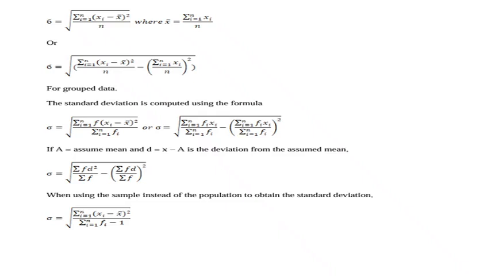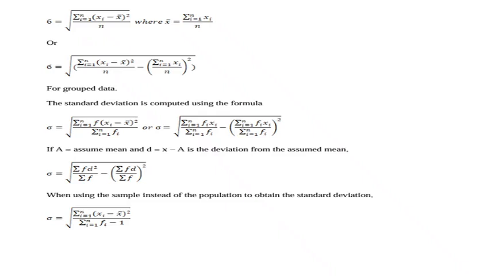Or you can also use the square root of 1 over n minus 1, open a big bracket, summation xi squared. That means all our xi, we square it and sum it together. You can do that in a table.